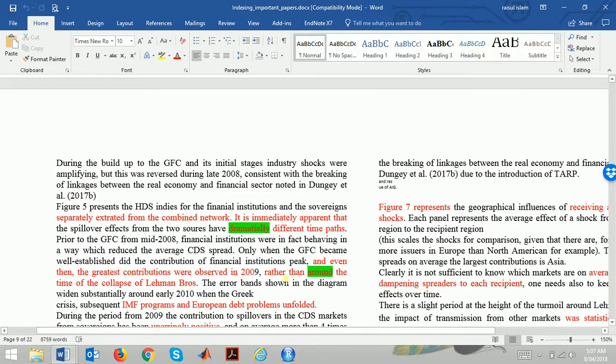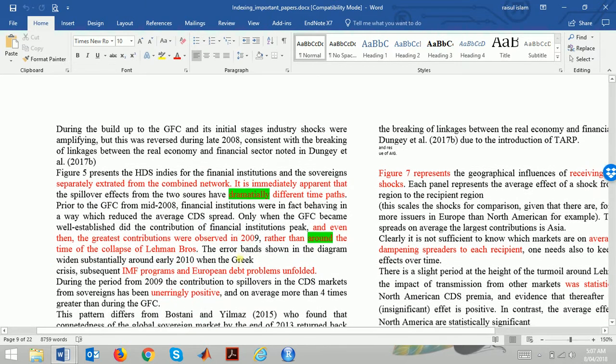Figure 5 presents the HDS index for the financial institutions and the sovereigns separately, extracted from the combined network. It is immediately apparent that the spillover effects from the two sources have dramatically different time paths. Only when the GFC became well established did the contribution of financial institutions peak, and even then, the greatest contributions were observed in 2009 rather than around the time of the collapse.